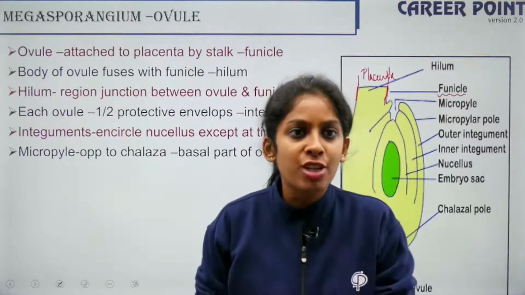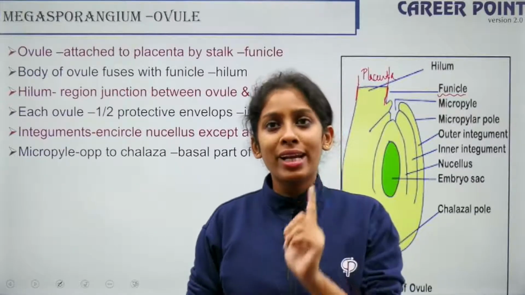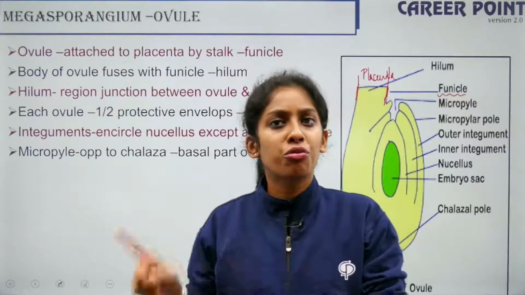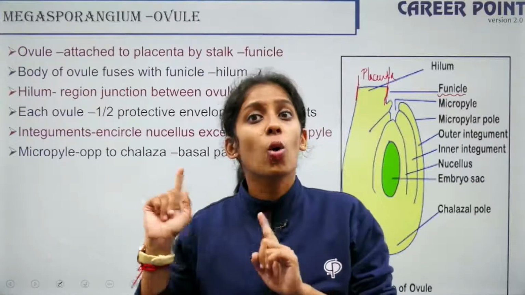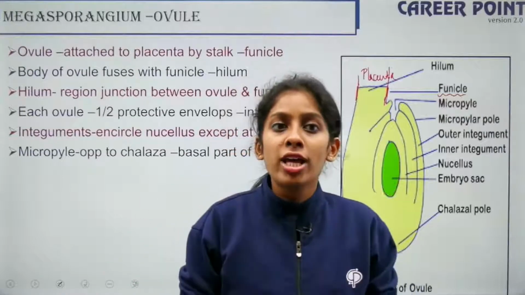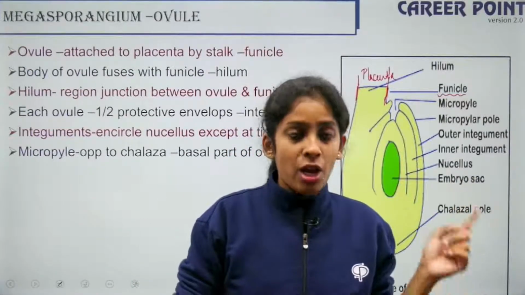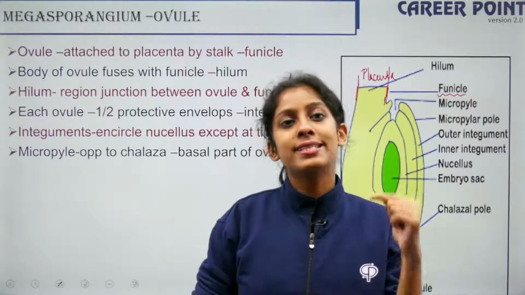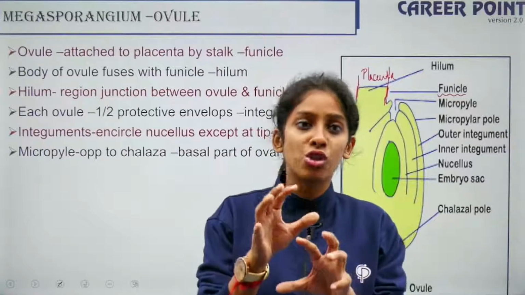Ma'am, are megasporangia called pollen mother cells or not? No. Whenever it is mega, it refers to the female portion. When you say megasporangium, it is the ovule. Pollen mother cell is present inside the microsporangia, in the sporogenous tissue.